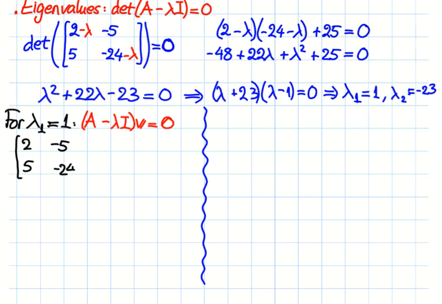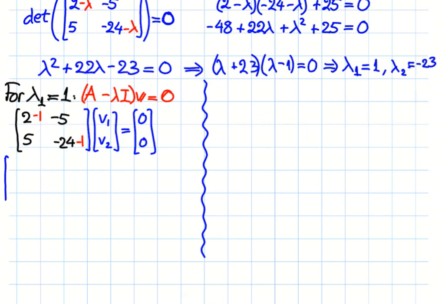We will subtract the eigenvalue on the diagonal. And then we multiply v1, v2 equal to 0, 0. Right? So we write the matrix form of 1, -5, and 5, -25.